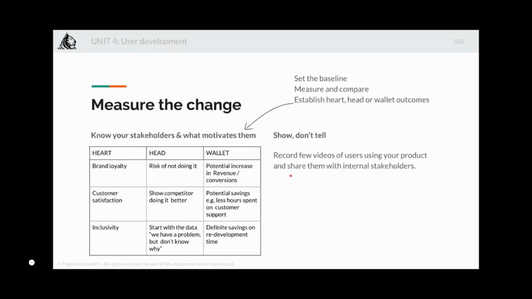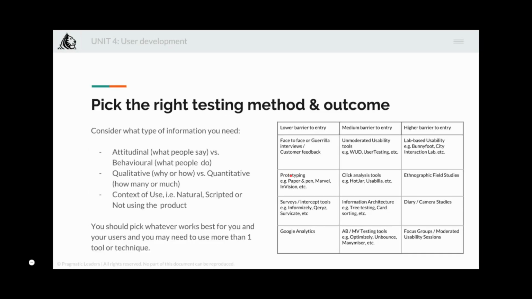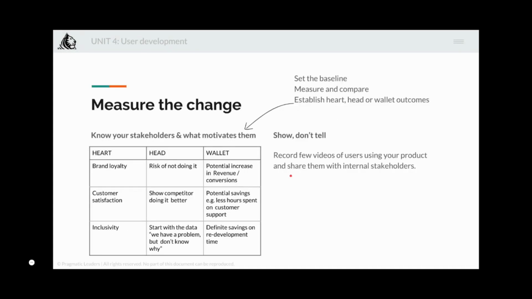So doing this simple, smart, small exercise, picking a question, picking one of the methods, and then doing a quick research exercise, you will get a certain answer which you can show to the internal stakeholders and show them that, see, our product is shitty, or if we do this, we'll be able to make much more money, or we'll be able to improve customer satisfaction.